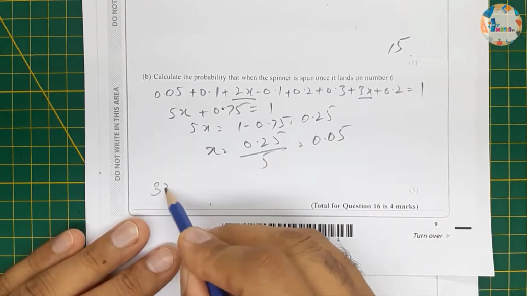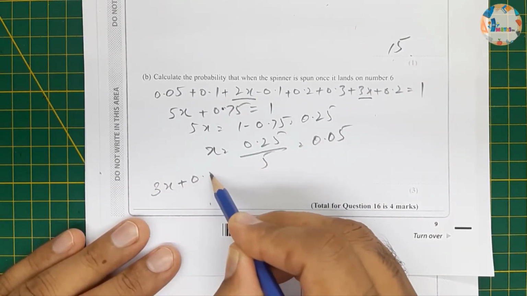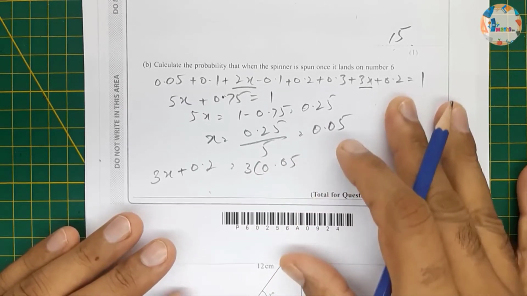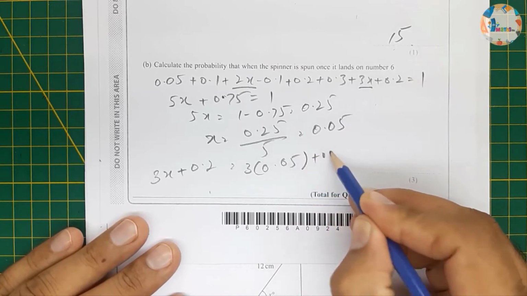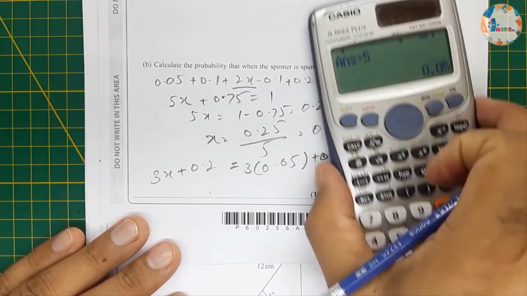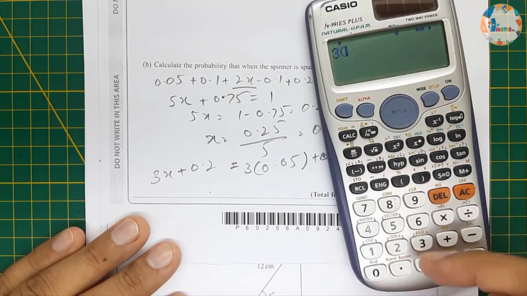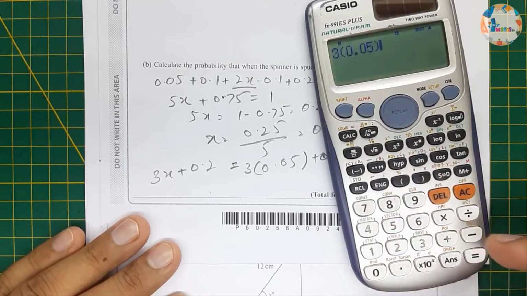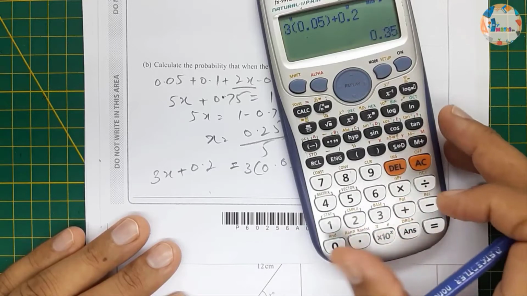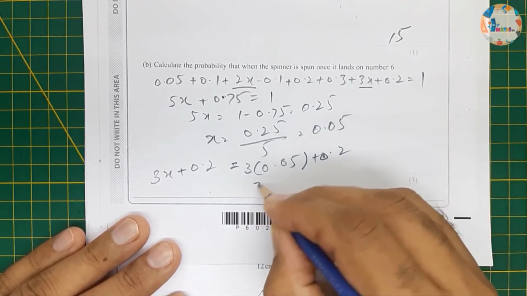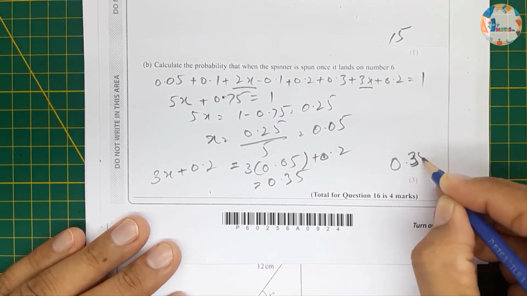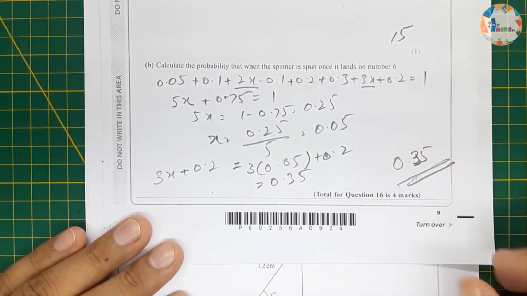So 3x plus 0.2 will be equal to 3 times 0.05 plus 0.2. If we check with the calculator, this will add up to 0.35. Our final answer will be 0.35. Hopefully you got this answer.